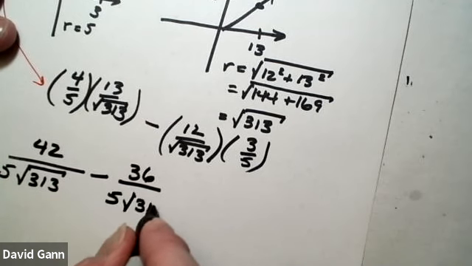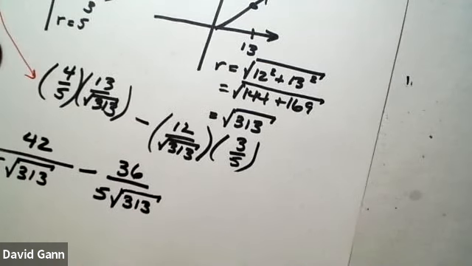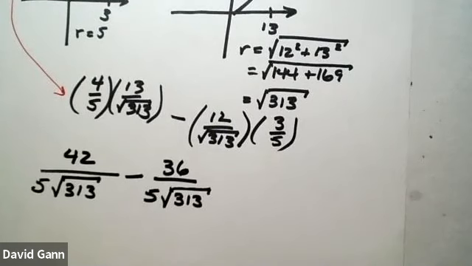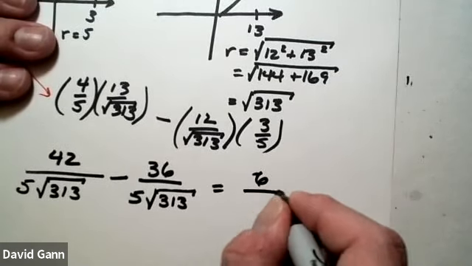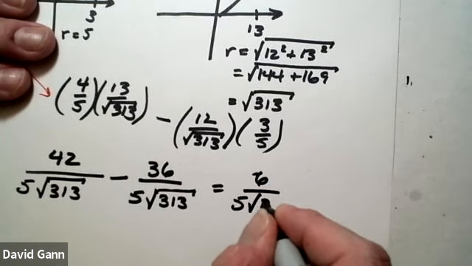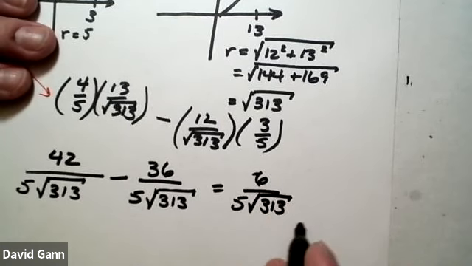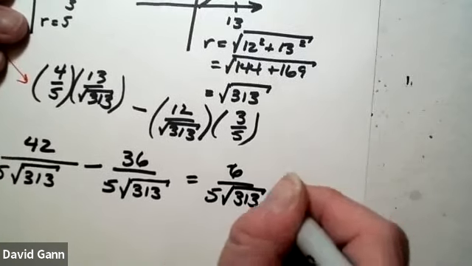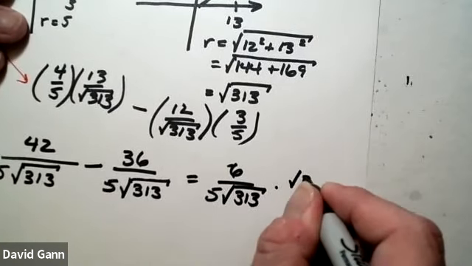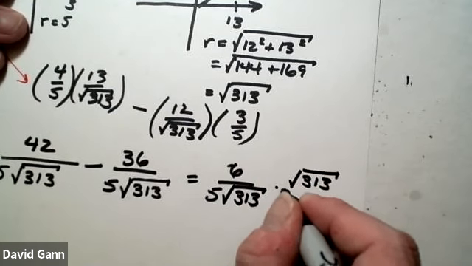Turns out that pretty much always happens. You end up with the same denominators in these things. But this is going to be 6 over 5 square root of 313. 313 is probably a prime number, I'm just guessing there. But I'll go ahead and simplify, rationalizing the denominator.